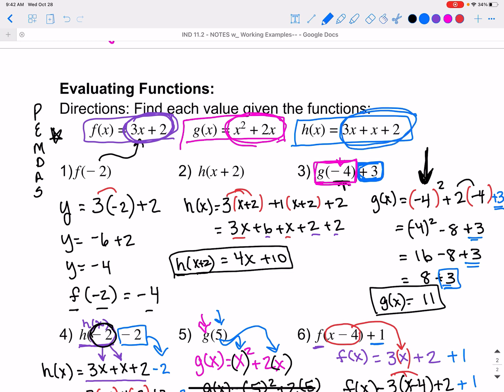And so when you're given a problem that says f of, you know to use the purple one, and you know to plug the ingredients in just where there's an x. And you've got to use your brackets. The ingredients go in where there is an x, and you have to use your brackets, and then you distribute and whatever. Here make sure and use your brackets. Make sure and use your brackets. And here, make sure and use your brackets.